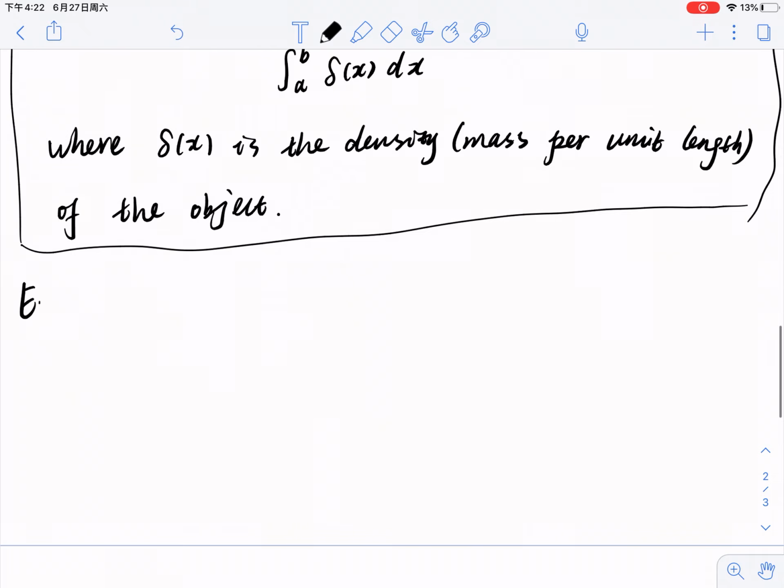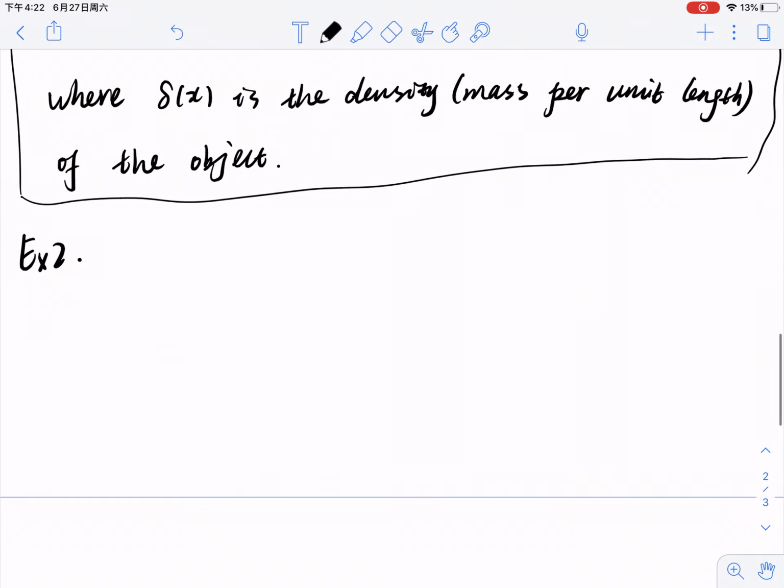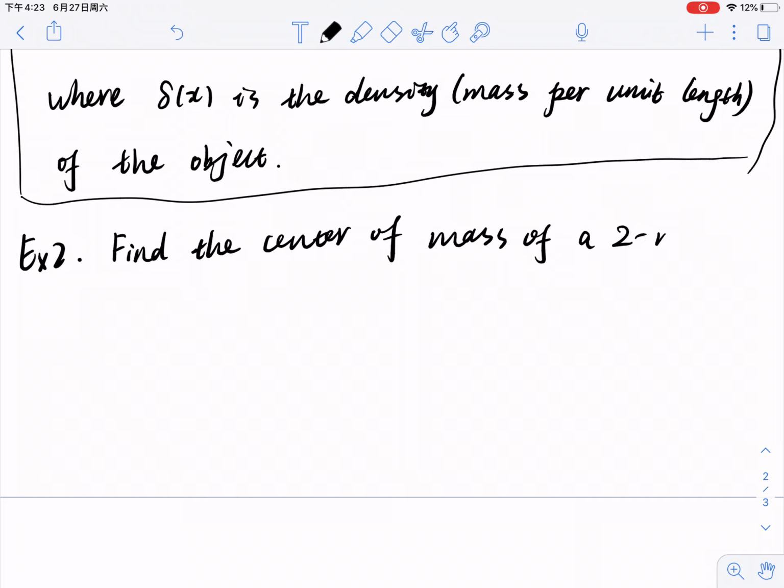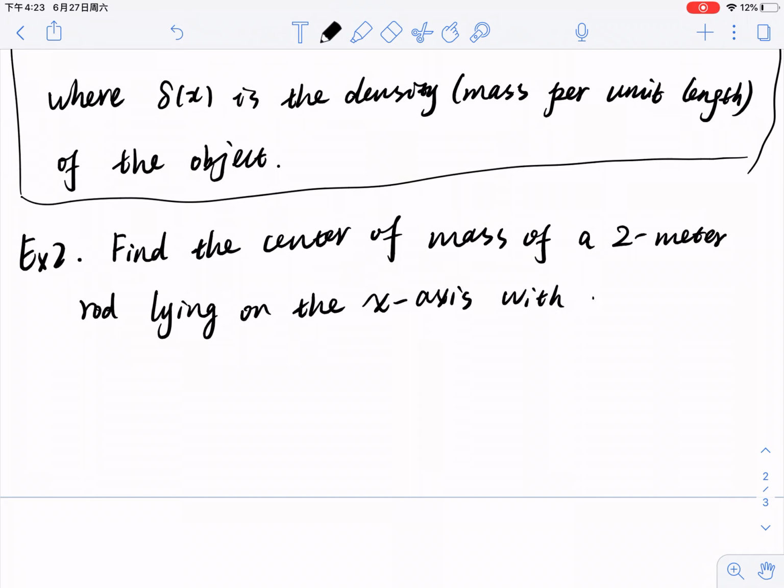Next we look at an example. Find the center of mass of a 2-meter rod lying on the x-axis with its left end at the origin.